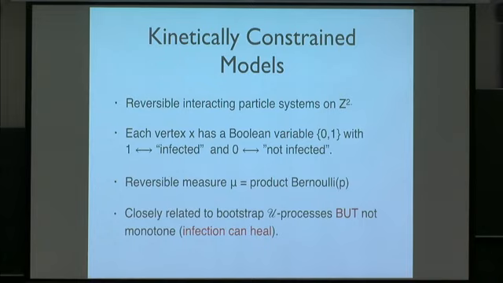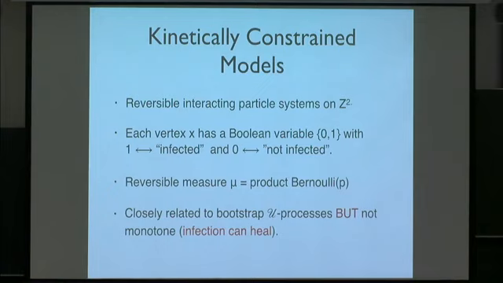So now let me remind you what kinetically constrained models are. I would say that so far the mathematical development of kinetically constrained models mostly concentrated on studying some specific models, for example the East model, in great detail.